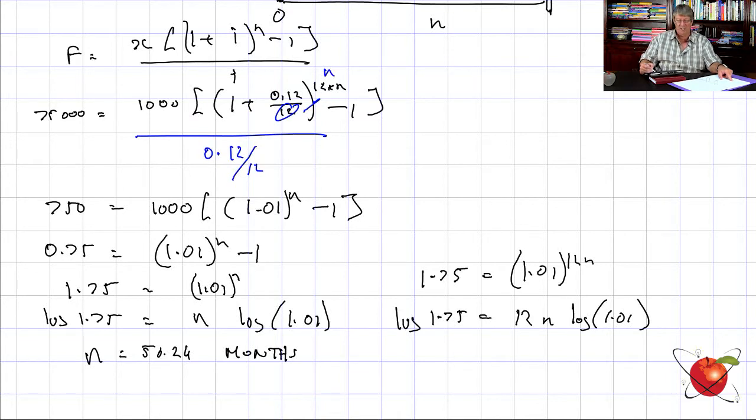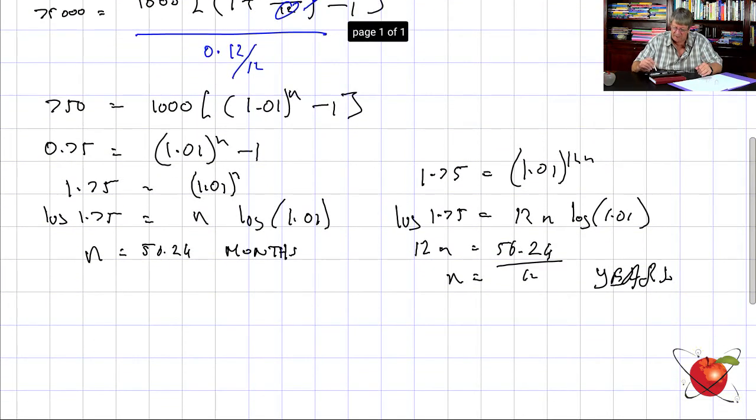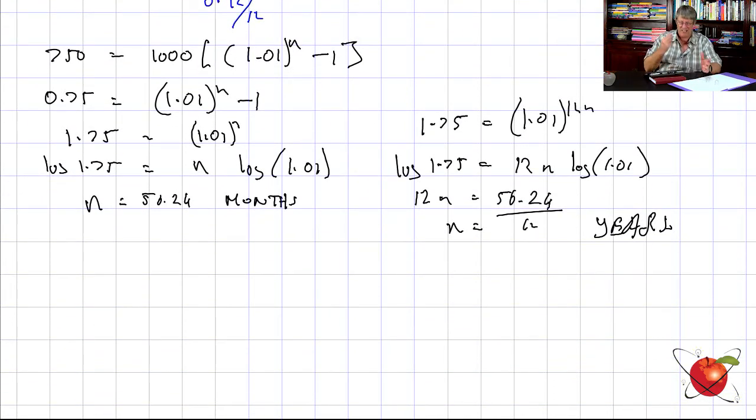And the 12n would come down to the front. Therefore, 12n would be equal to 56.24. N would be divided by 12, but then it would be in years. You guys can choose. I like to do it in discount periods, not years. So I would use n as months. It doesn't matter. Obviously, you're not going to have 56 years because that's patently ridiculous, isn't it?